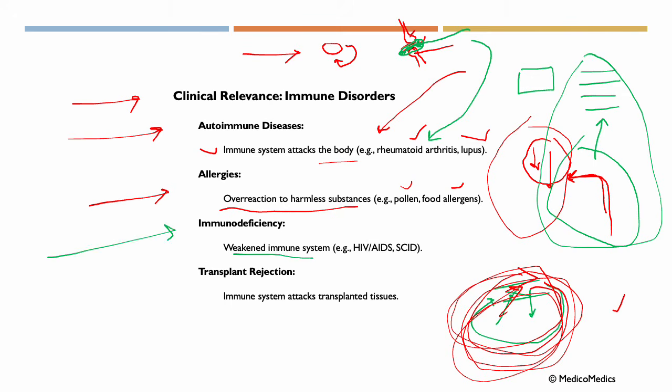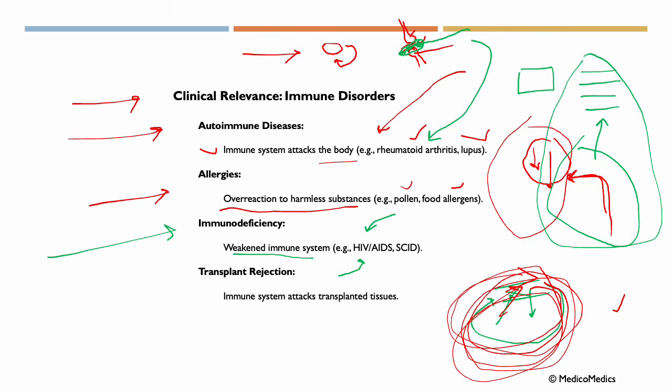Immunodeficiency, so a weakened immune system, like those found in HIV, for example. Because in HIV, the virus uses our T helper cells. If you remember, our T helper cells play a significant role in our immune system, helping in activating immune responses and signaling.